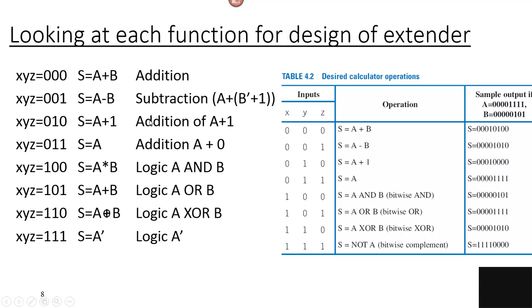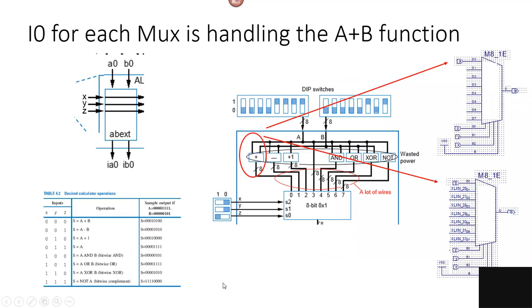Just looking at it more closely, it physically describes what each value selection of X, Y, and Z are. If you want more practice, you can look at one specific example that was given in the book, the values of A, the values of B, and what the expected outcome would be for each function. All right, so now we want to look inside of the extender.